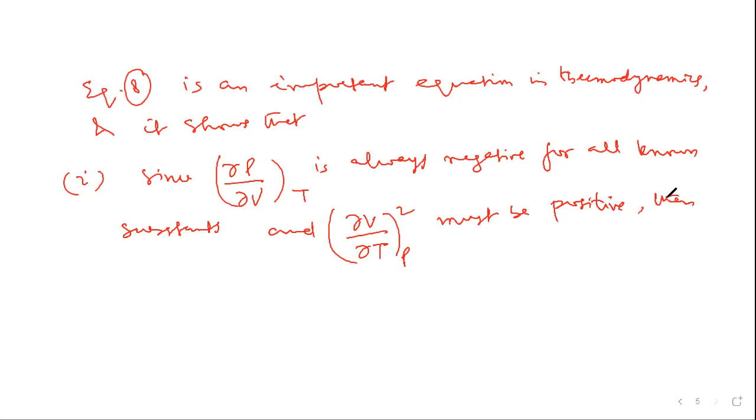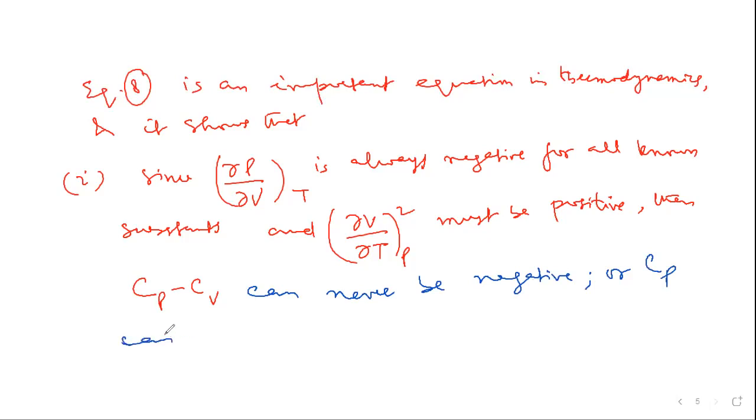then Cp minus Cv can never be negative, or Cp can never be less than Cv. It's important.